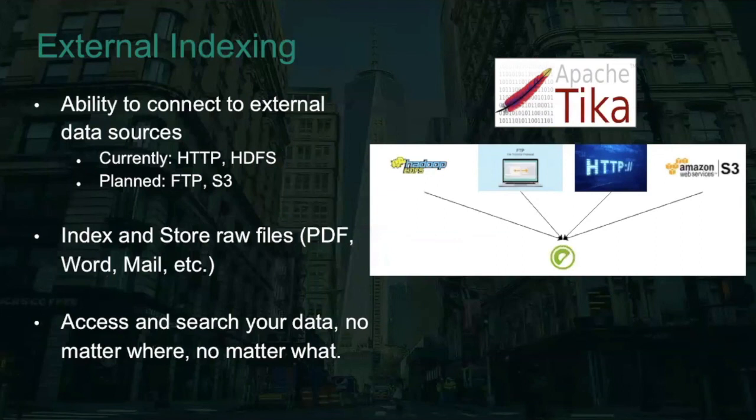So we use Apache Tika, which is built into the GPText and Solr packages. And you can extract the text, whether it's a PDF document, Word document, an email, a PowerPoint, etc., and you can store that raw index. And then when you search on the index, you're able to refer back to the original document. And this way you can essentially access and search your data no matter where it is and no matter what format it's in.